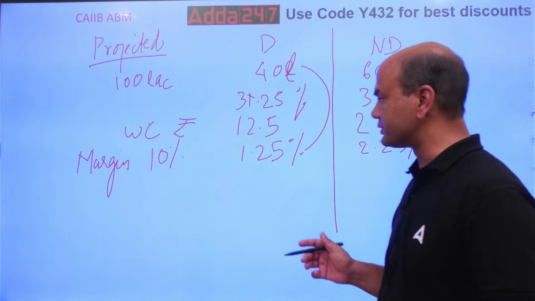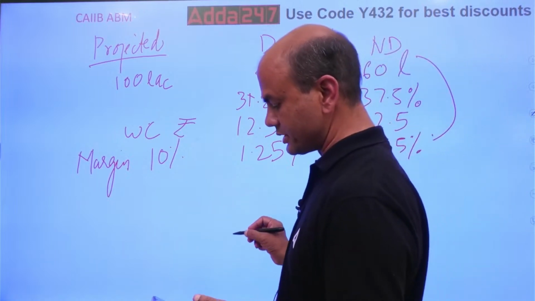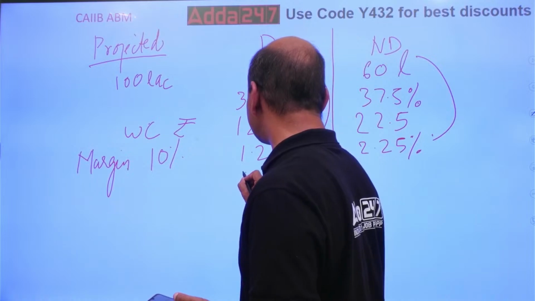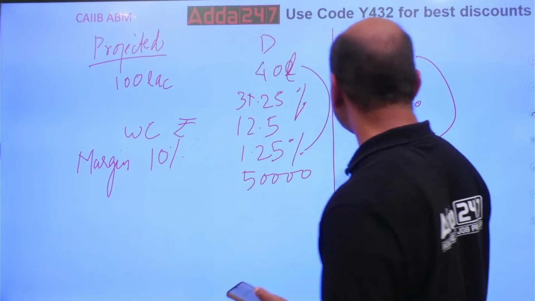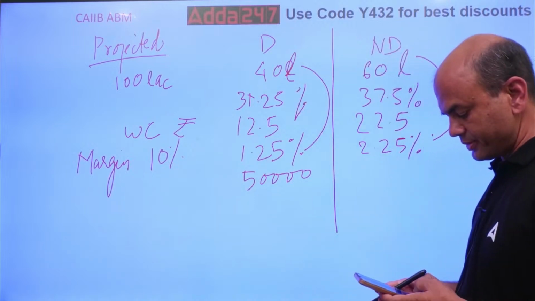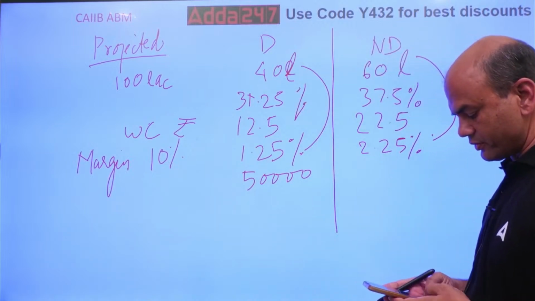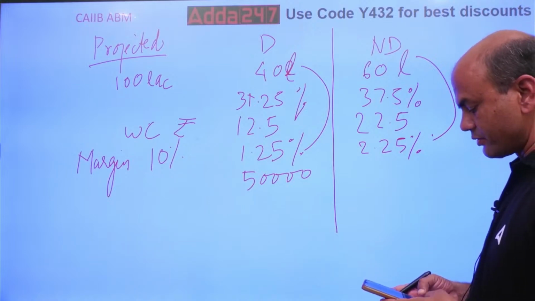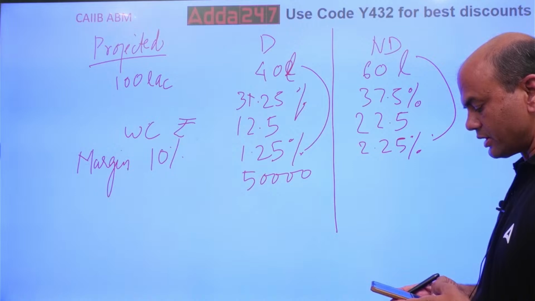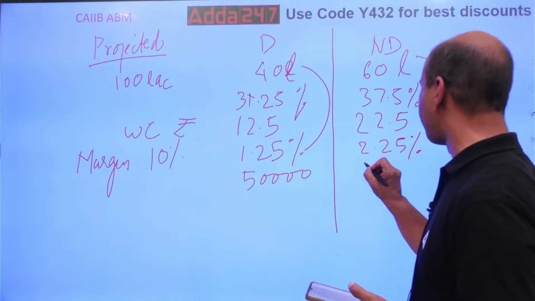So it is 50,000, correct. So it is 50,000 margin. Here 2.25 upon 100 into 60 lakhs. So 1,35,000.